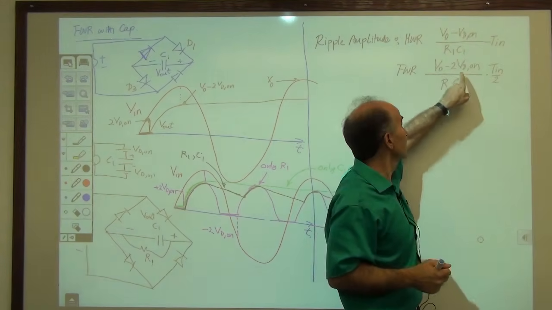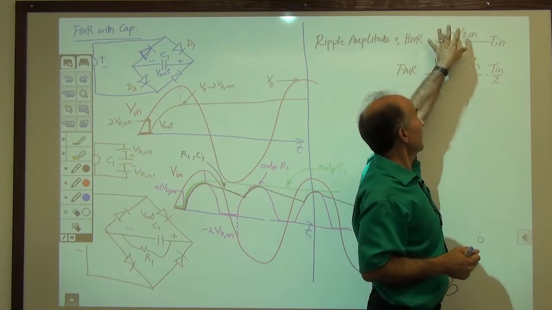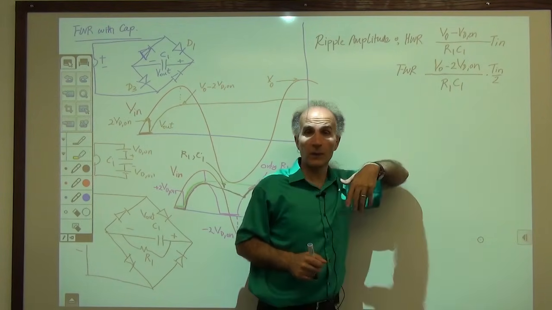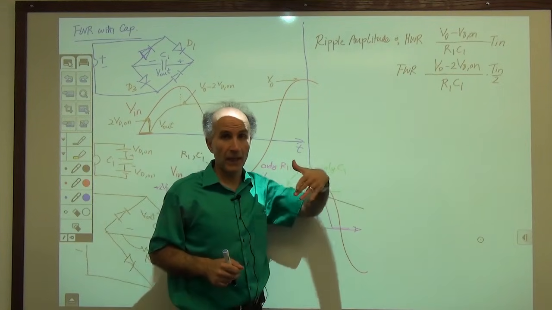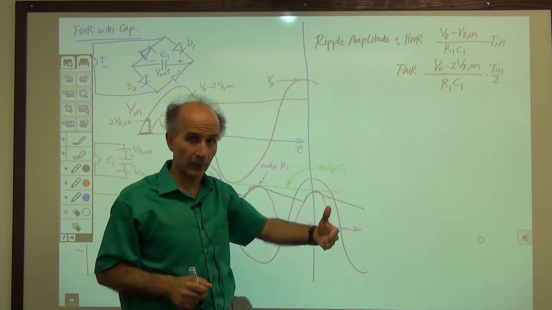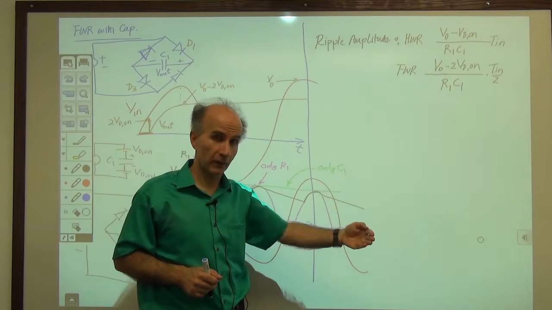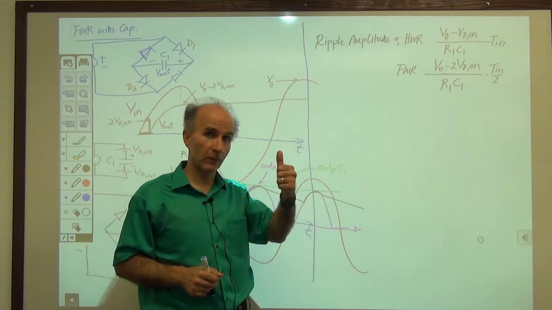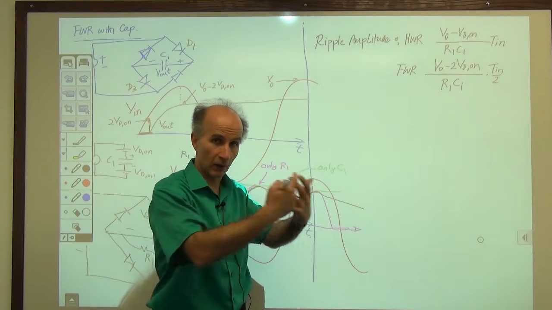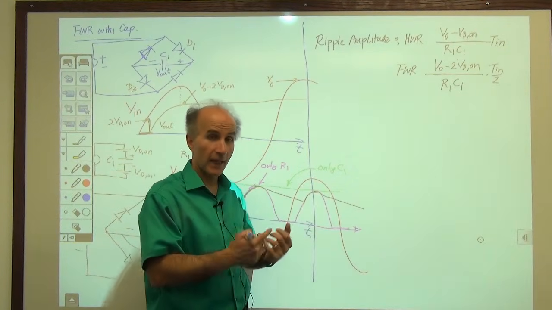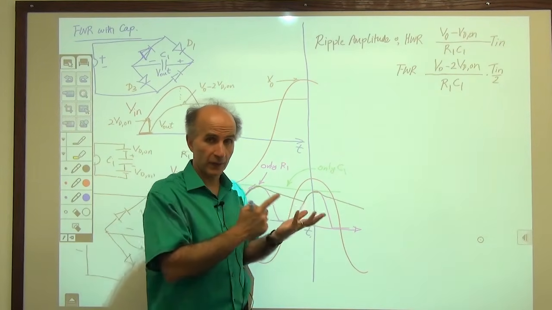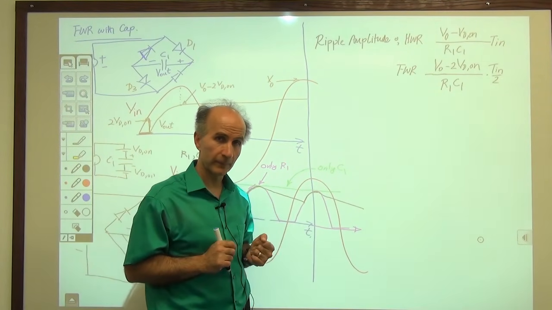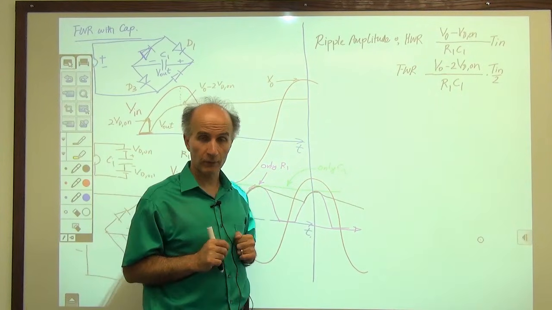Not quite because of this factor of 2 here, but approximately half of that. So generally, we say a full-wave rectifier has about 1/2 the ripple of a half-wave rectifier, assuming that we have the same type of R1 modeling the load that draws a current, and the same C1, and of course the same input frequency. And that's one advantage of the full-wave rectifier.